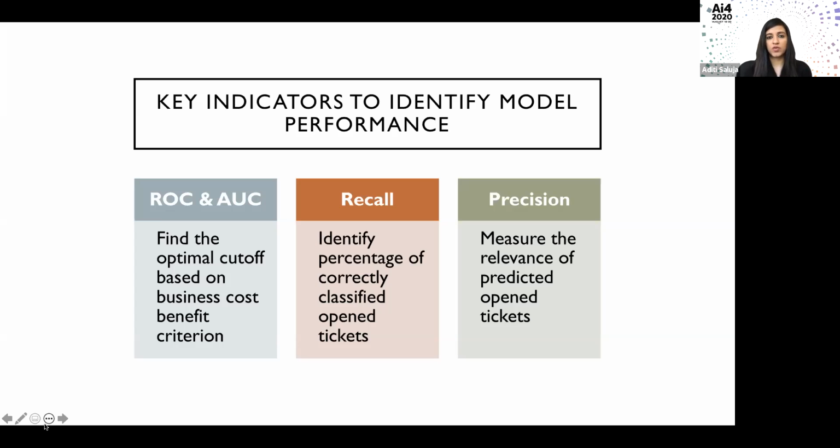Only 1% of the people are opening a ticket. So if I would not even build a model, then also the accuracy of my model is going to be 99%. So accuracy was not a good metric for me. However, recall was really important because recall is giving me the result only for the correctly classified open tickets.